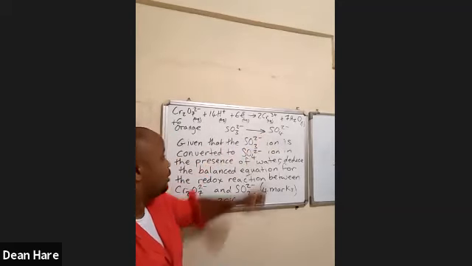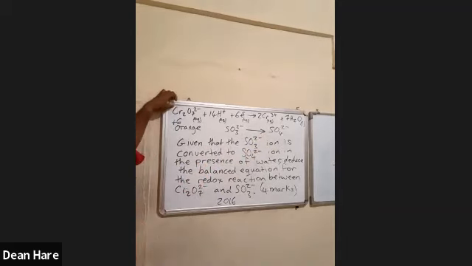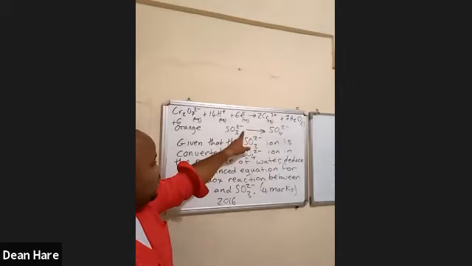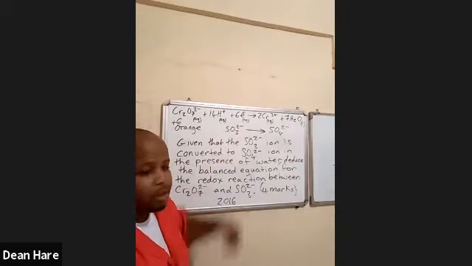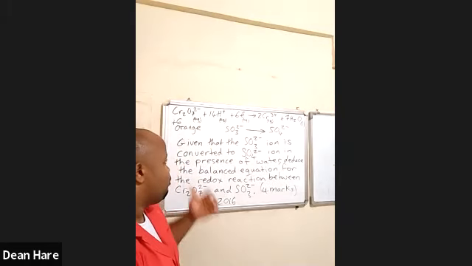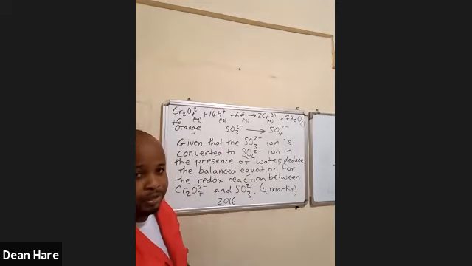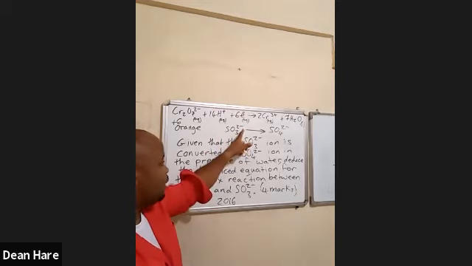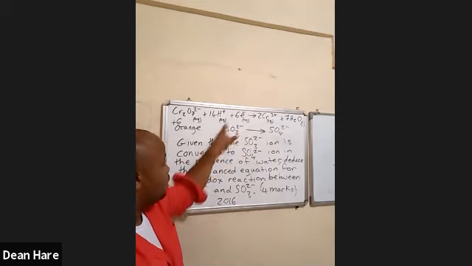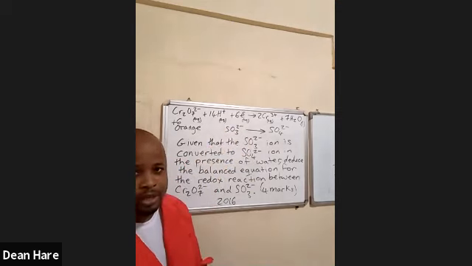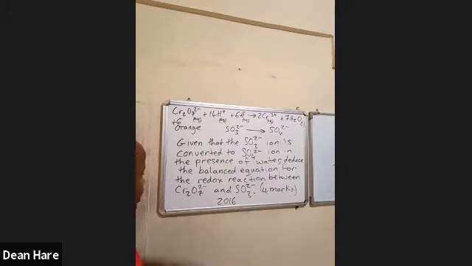This equation up here is already balanced. So your first job is to balance this equation, and then cancel the electrons, just like we did earlier, and then write a final net equation. Whatever electrons you get here, cancel them, and write a final net equation. All right, and I will give you some time to attempt it.